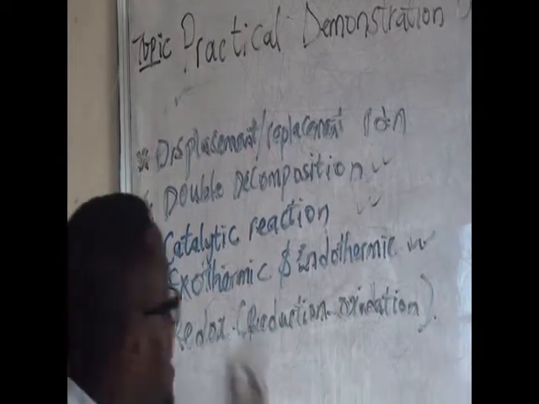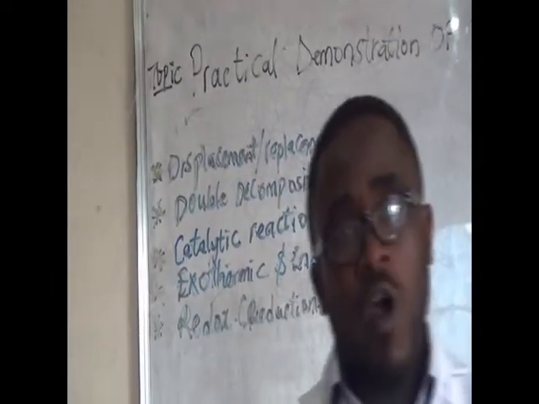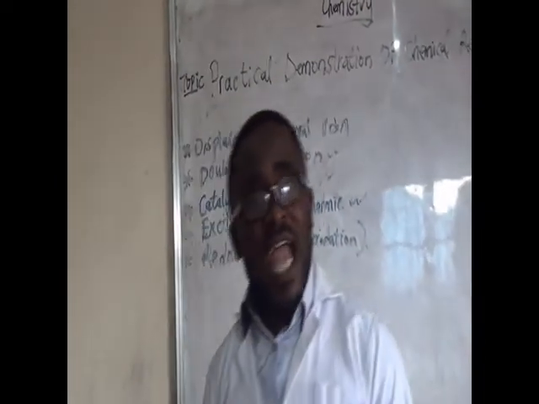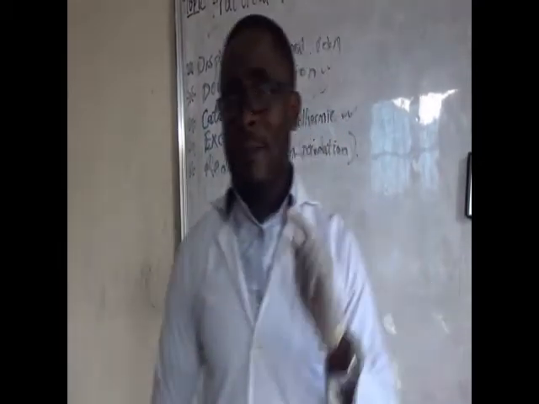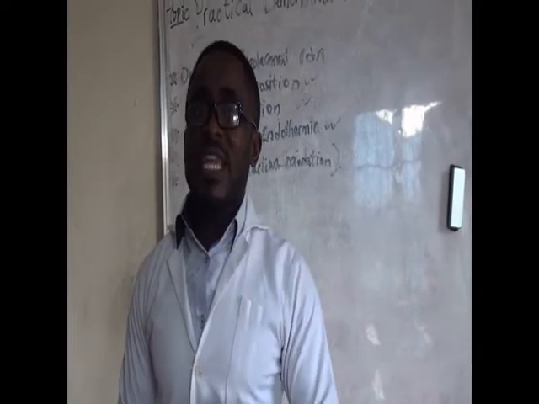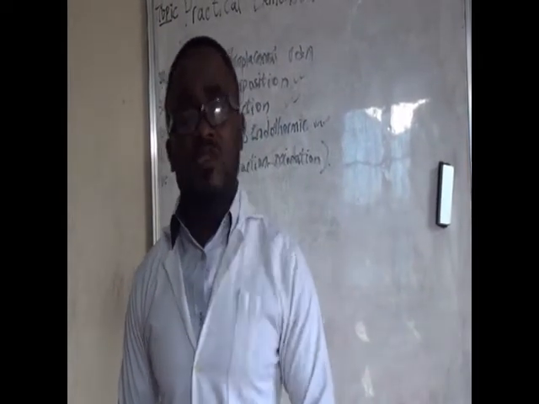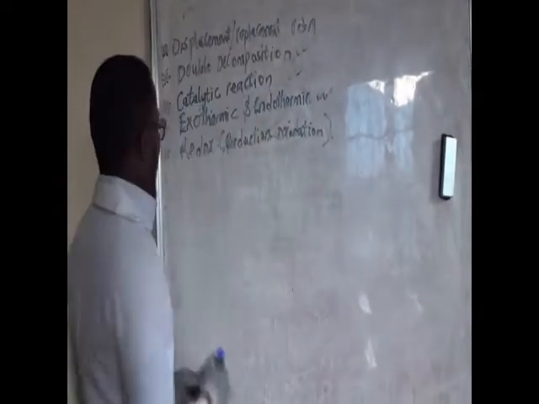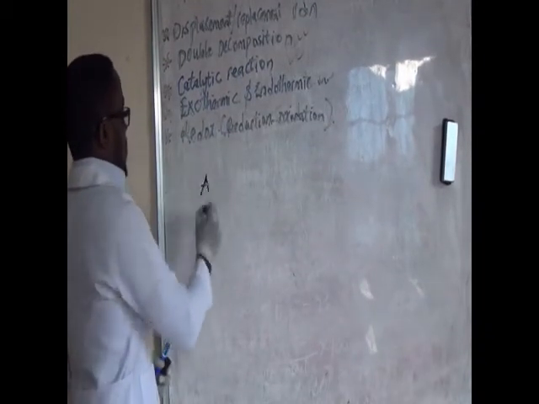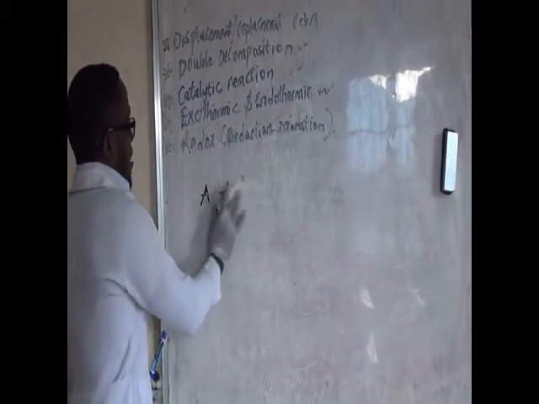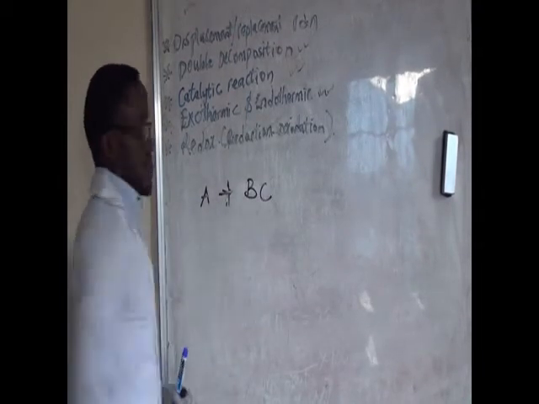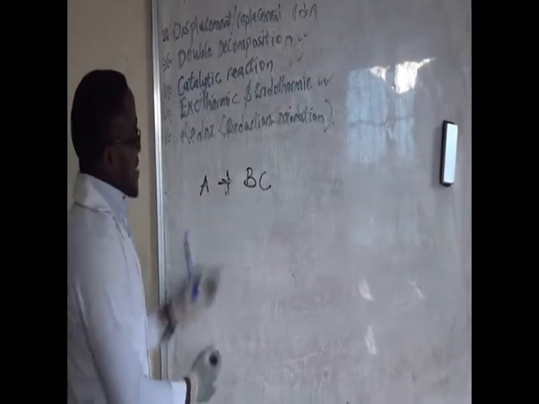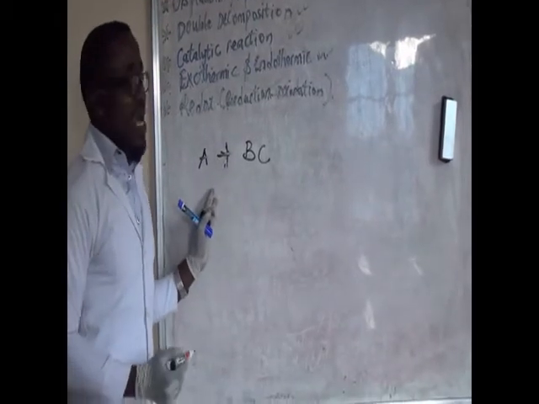Now let's start. What is displacement or replacement reaction? This reaction simply explains how an element will replace another element in a compound of that element. What am I trying to say? If I have A reacting with BC, this is the reactant part and this is the product.